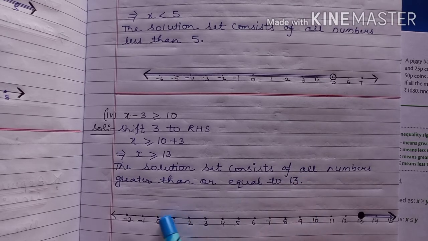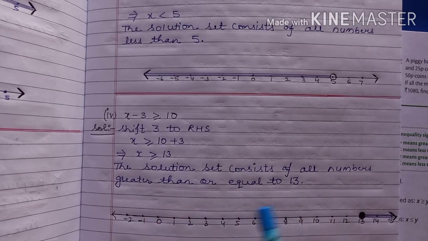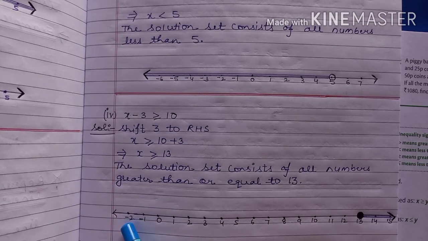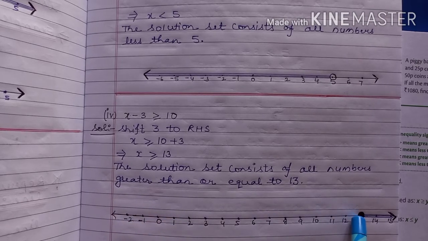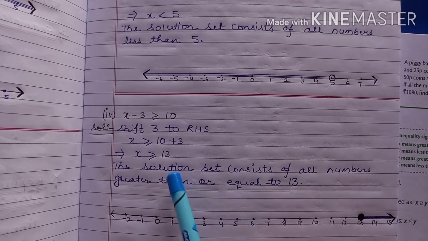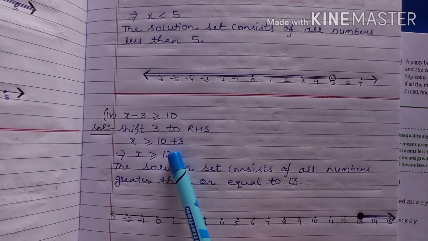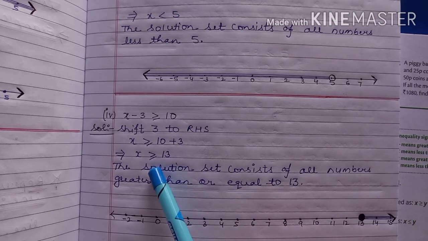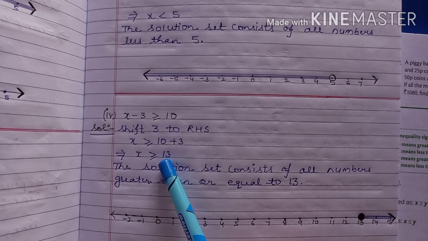So here again first we draw a number line. Here we mention numbers up to 15 on the positive side and a few numbers, minus 1, minus 2, on the negative side, because we have to start from 13. Now here it is x greater than or equal to 13, so we draw a dark circle at 13, because it is the sign of greater than or equal to.